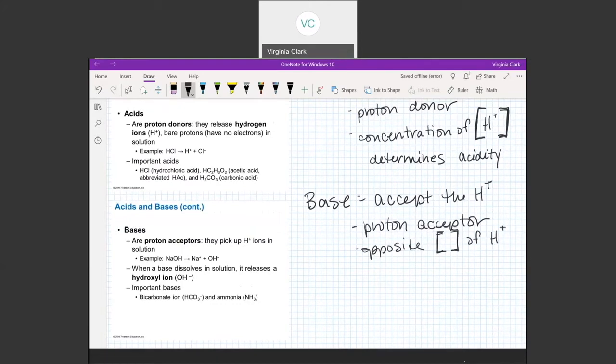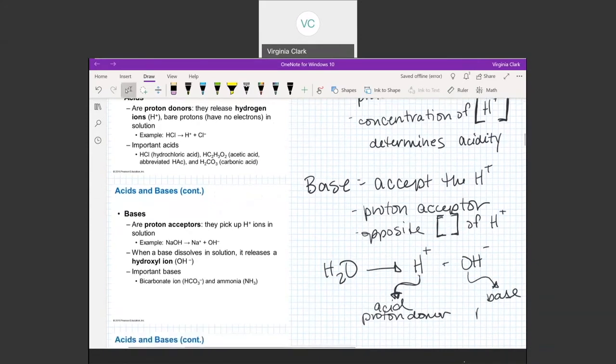So if you think about H2O, when this breaks up, you have one H and then you have OH minus because there's two hydrogen and one oxygen. So this right here is the thing that can act as the acid or the proton donor. So whatever takes this will become an acid. Whatever takes this will become a base, because this is the proton acceptor.